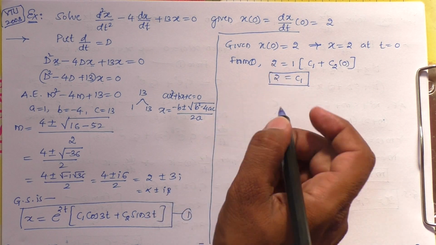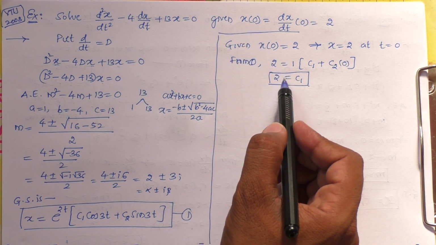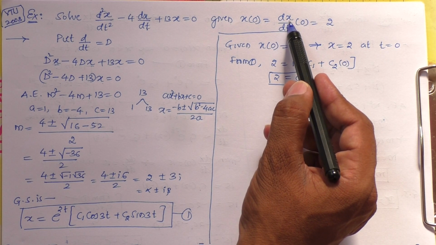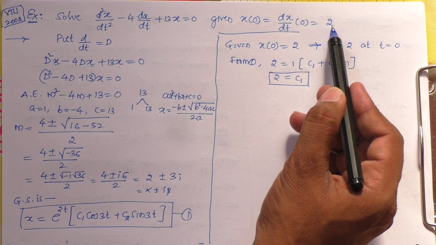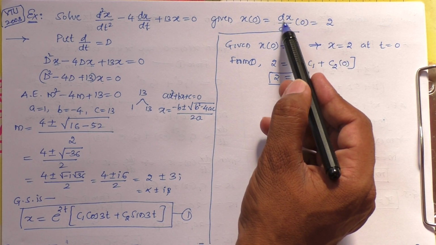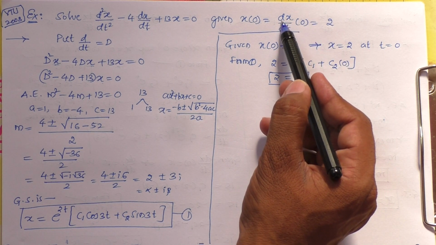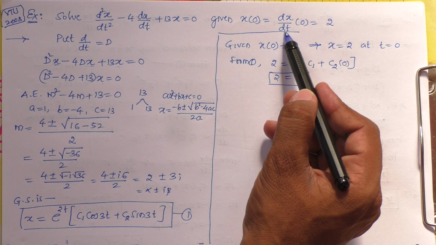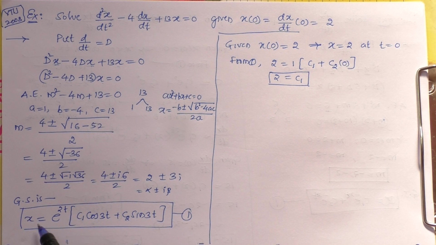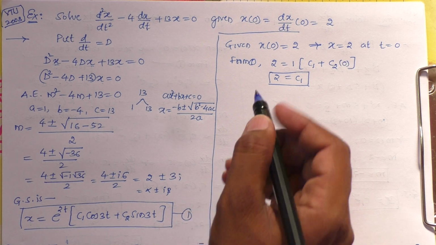Now we applied the first condition, but we need to go for another condition which has been given, dx by dt of 0 equal to 2. So to apply this condition we need the dx by dt term. Whatever equation 1 for x we have, differentiate that with respect to t, we get dx by dt.